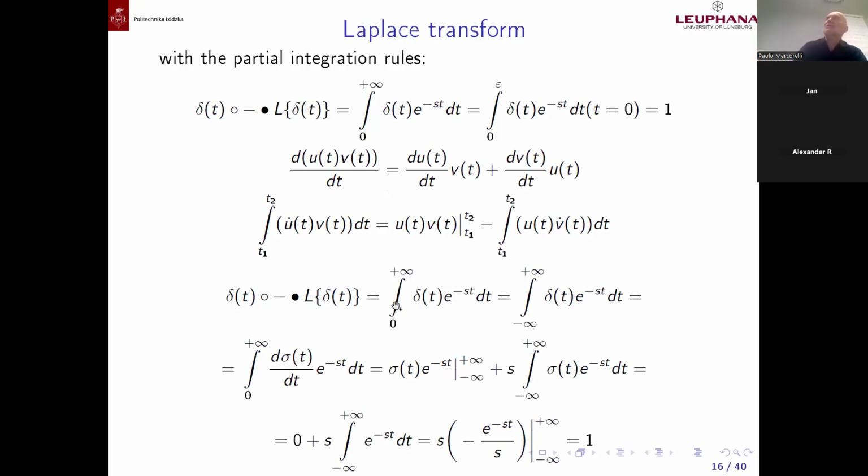I don't want to insist on this because probably you have seen these rules in, I think, Math 1 or Math 2. The goal of this course is not to repeat math exactly. As I told you, we start from some knowledge of math to advance this knowledge in system theory and control dynamics.